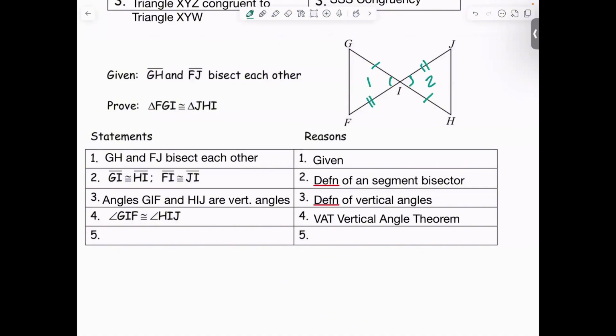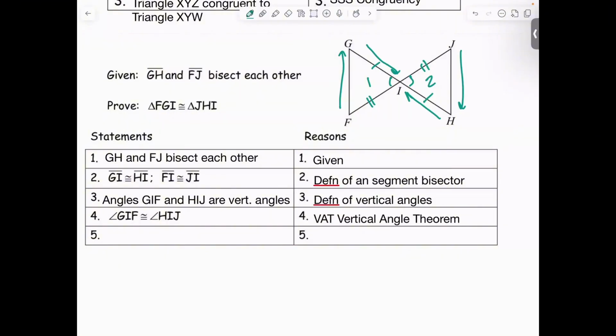But yeah, FGI, that goes up and then down, and this goes down and then up. But you'll notice FG is the outside segment, and then GI is the one with the one hash mark, and then JH goes down. That's the outside segment in this figure, and then we go down HI, which has that single hash mark.